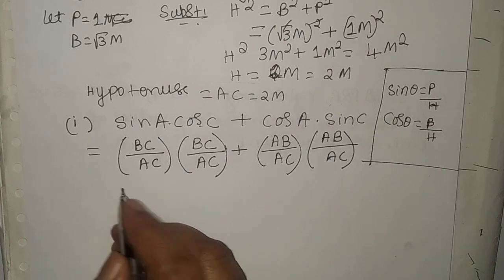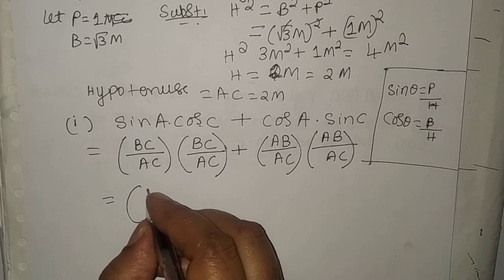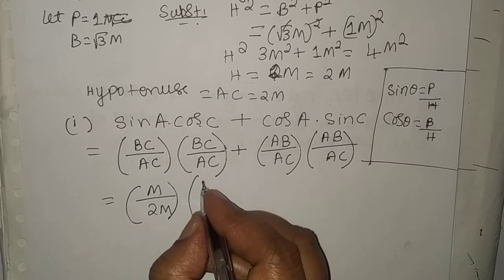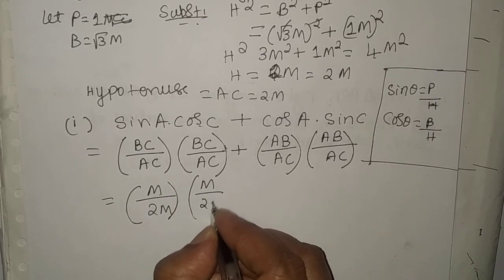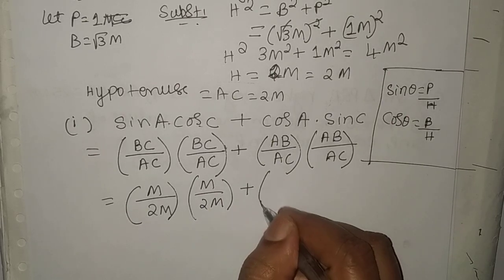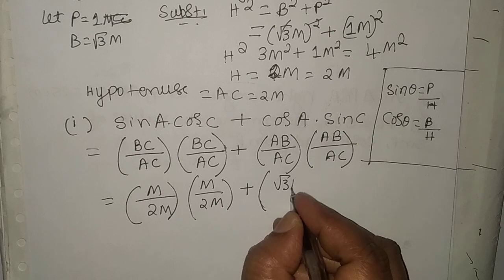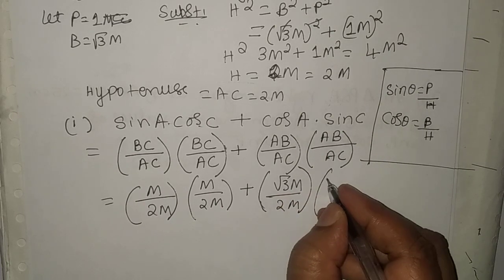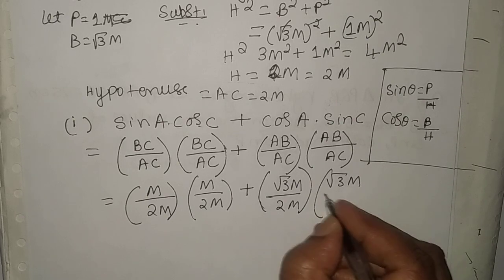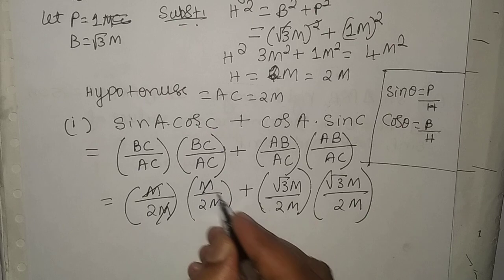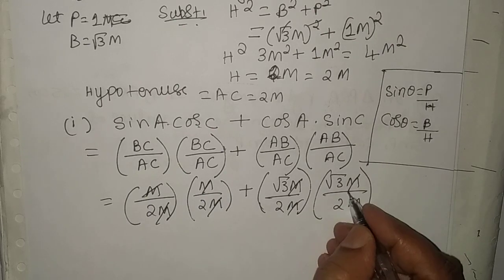So now substitute the values. sin A is m by 2m and cos C is m by 2m, plus cos A is root 3 m by 2m and sin C is root 3 m by 2m. All the m's cancel here.